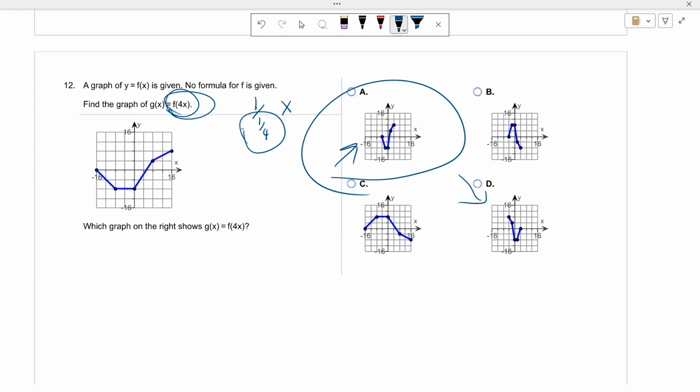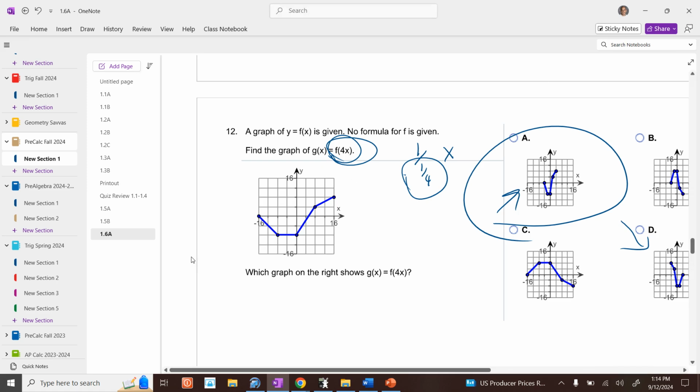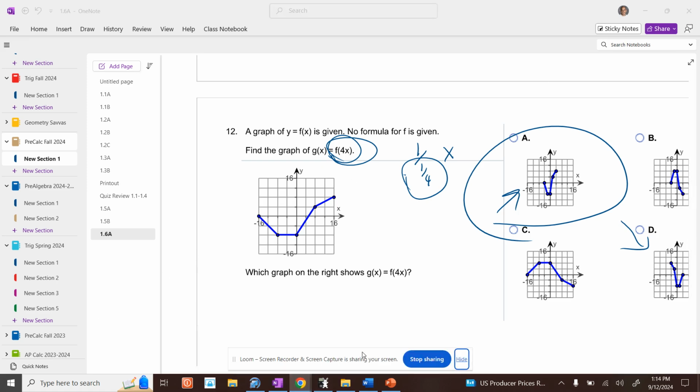It's called 1.6a, but it's transforming graphs. Suppose I should stop the video.